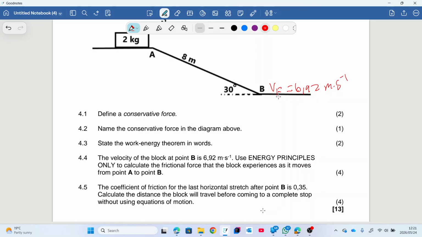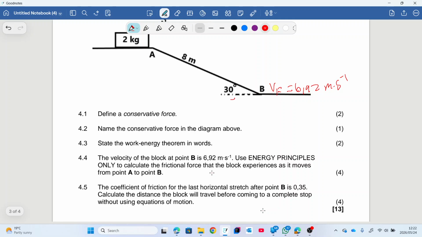When I write V final, it is relative to points A and B, meaning A will be initial, point B will be final, like before and after. Now, use energy principles only. There's a reason why they write it in capital letters. Other formulas work, like equations of motion, but they don't want them here. They are not assessing that.